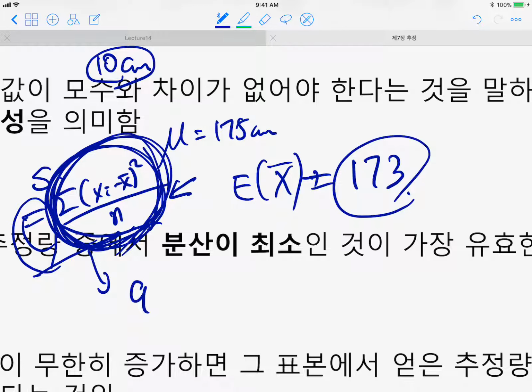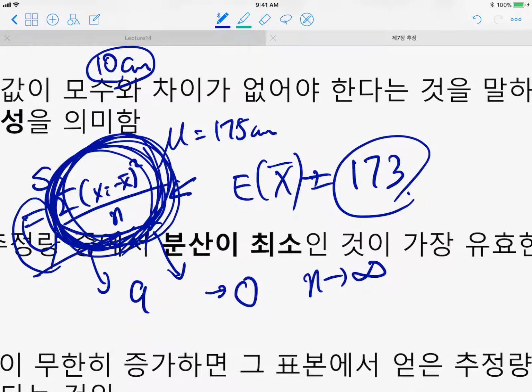So even in this case, the variance of this estimator will go to 0 as n goes to infinity. Do you understand this? What is the difference between this one and the one with n minus 1?